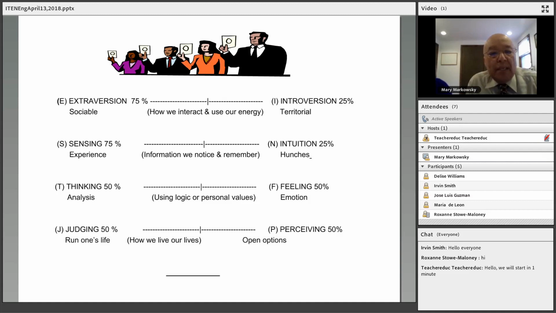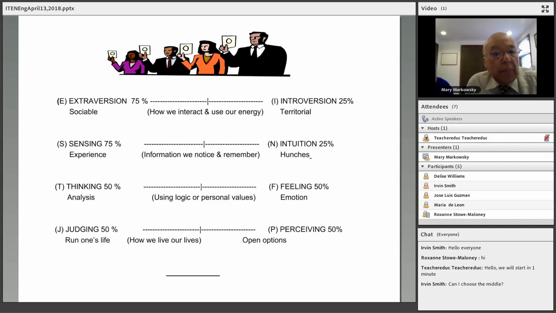Now we'll go to the second line. Sensing, we have the S, and intuition, we have the N. Although the word begins with an I, we use an N because the I goes in introversion, so we can't repeat it. Now, these two are how we receive and notice and remember the information.